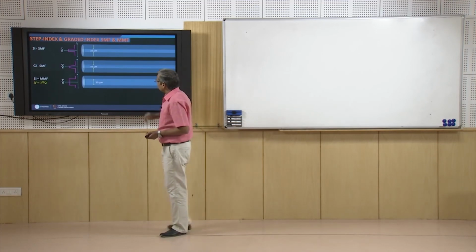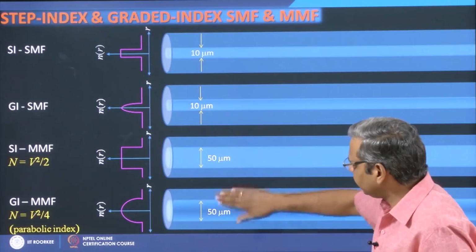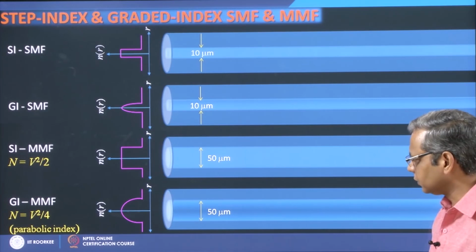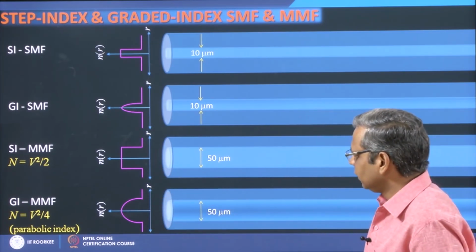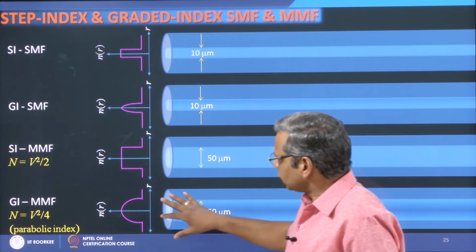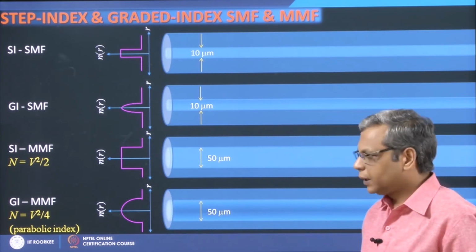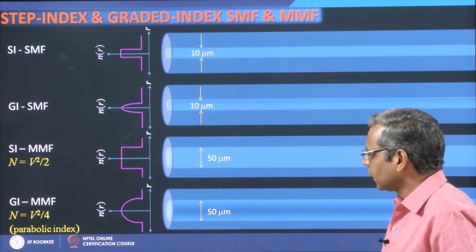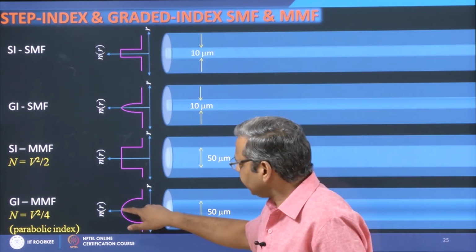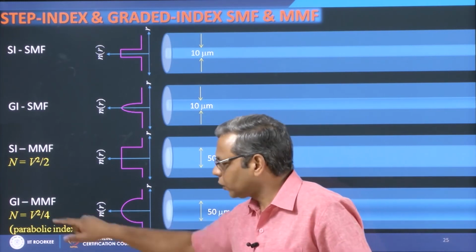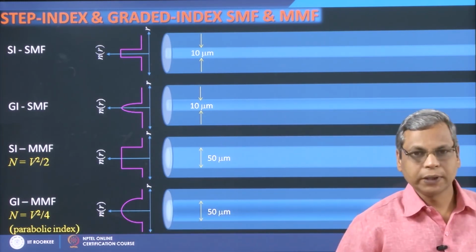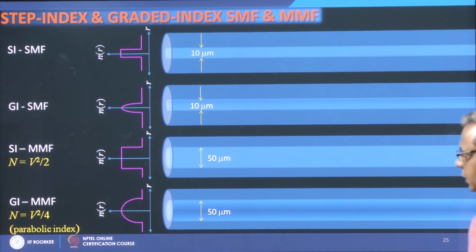In such a situation you can also have a refractive index variation in the core, something like this. This is then called a graded index multimode fiber, and if this variation is parabolic, then the number of modes can be approximated by V square by 4 in such a fiber.